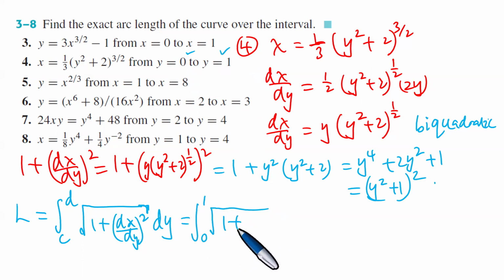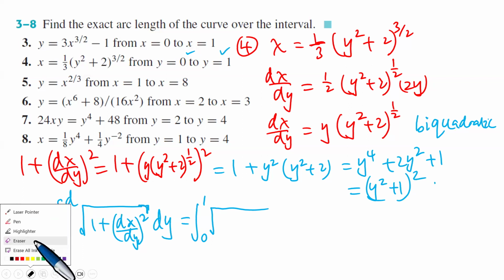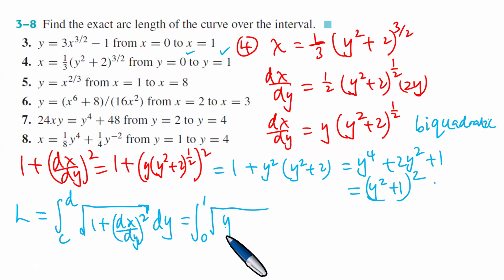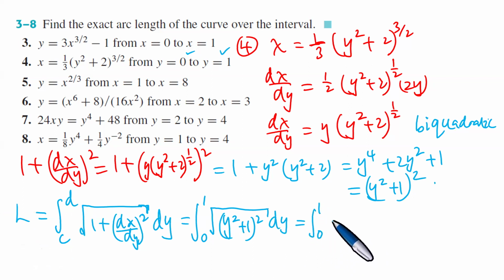You have the square root of 1 plus dx dy squared, which is y squared plus 1, dy. You take the square root, which is y squared plus 1, because the square root now removes the square.